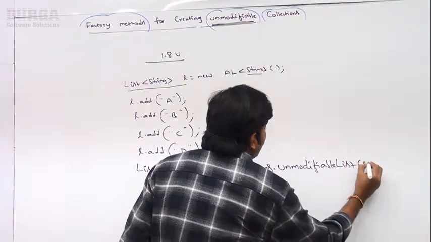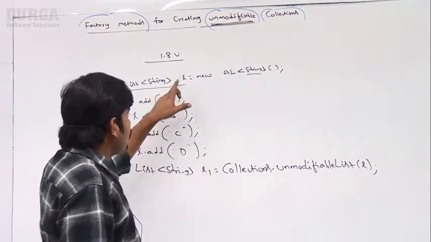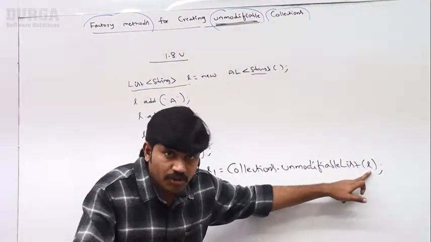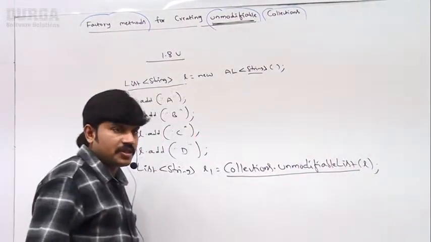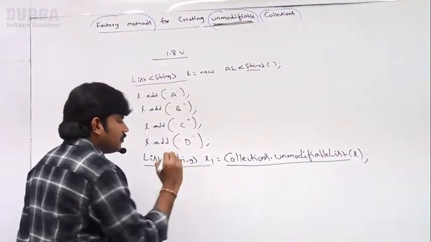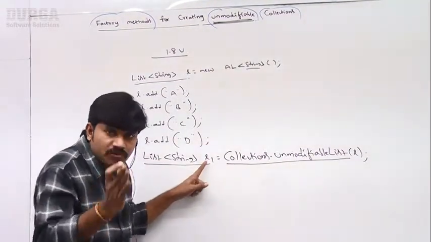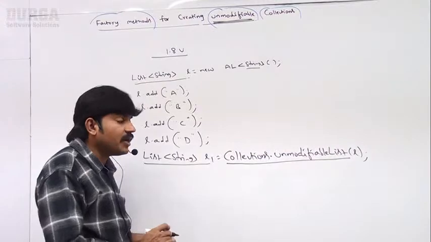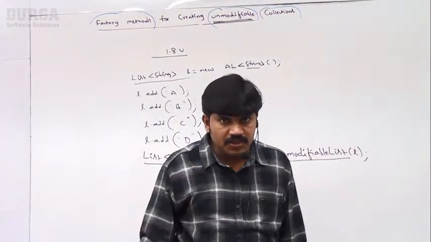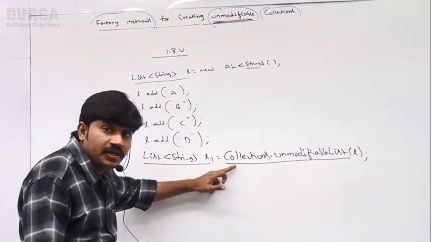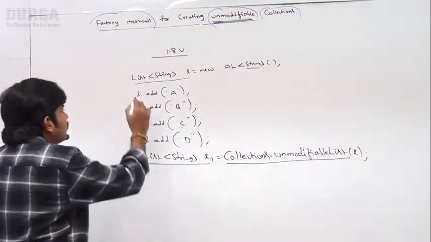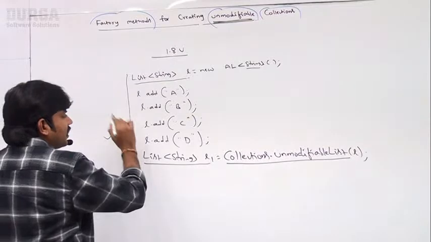Sir, if you pass this L as the argument to the Collections.unmodifiableList method, then we are going to get a list object. Whatever list object we get is nothing but unmodifiable. Remember this, sir. If you want to create an unmodifiable list object until the 1.8 version, this is the code we have to write, sir. Clear for all of you, right?